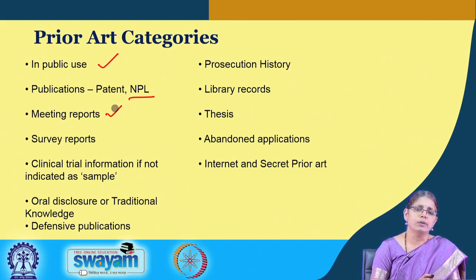Another important category for prior art is traditional knowledge or oral disclosure. It is very interesting that not many patent laws in the world recognize oral disclosure as part of the statute, whereas in the case of India we recognize traditional knowledge from a statutory standpoint.